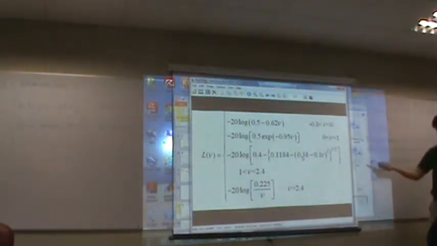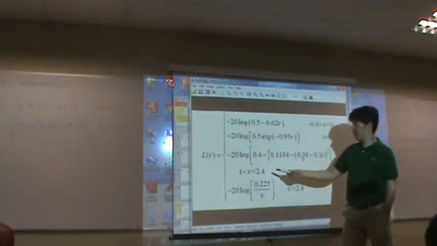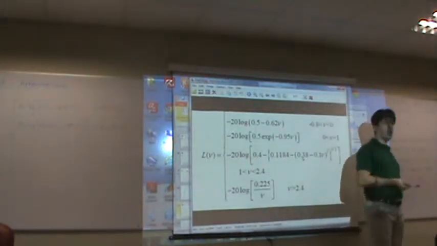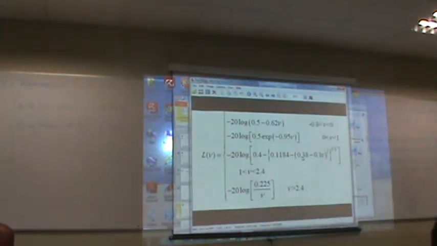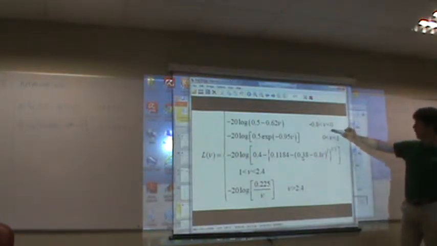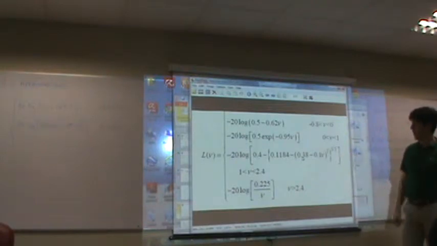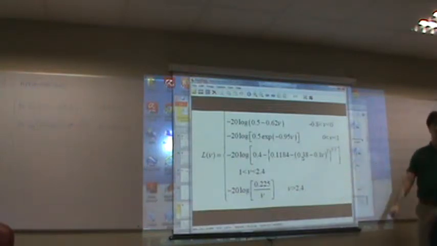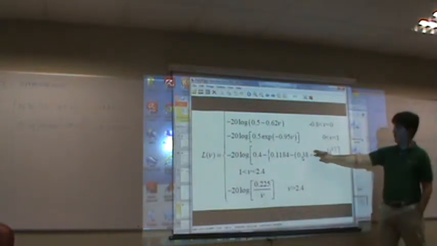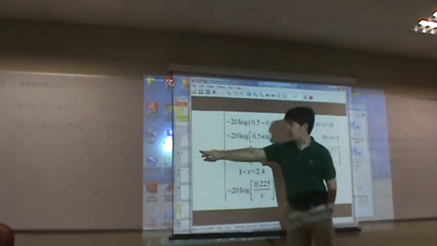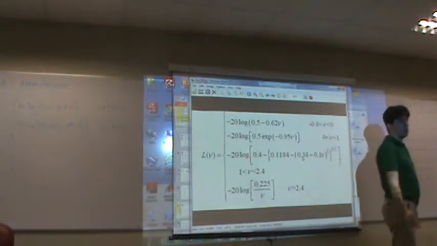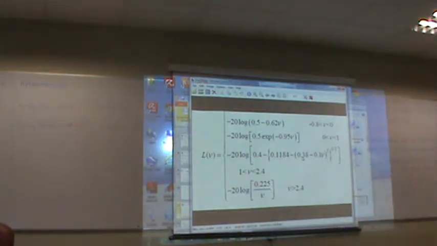So to apply those equations, you first, as usual, calculate the Fresnel-Kirchhoff parameter for the geometry. Then, according to the value of the Fresnel-Kirchhoff parameter that you find, you choose the right equation. And what you get out of this equation is the extra attenuation in dB that you must add to your link budget with respect to free space.